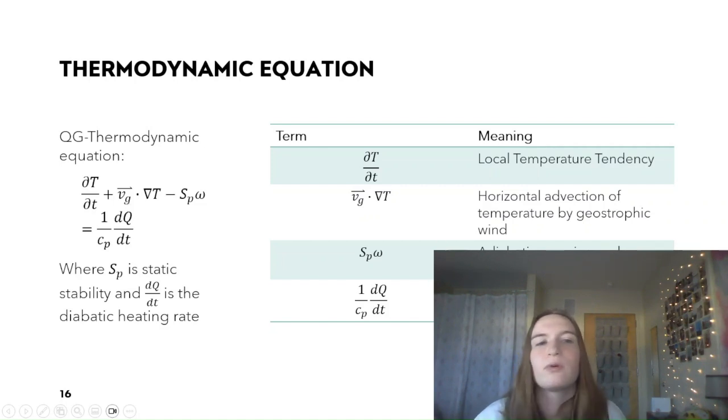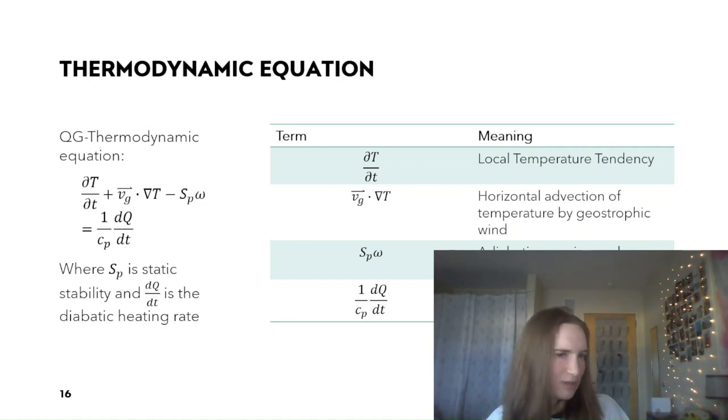Adiabatic warming and cooling reflect temperature changes associated with vertical motions under adiabatic conditions. We can assume a statically stable atmosphere where the potential temperature increases upward. Think like an inversion on a sounding if you're familiar with that. So S_p, our static stability, would be positive definite, which means it's always positive.